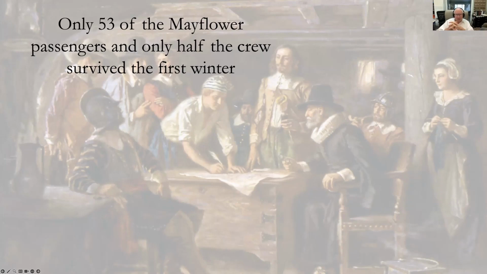Now, why did they go back to England? It's very simple. The Mayflower and the people who were on the boat went to the wrong place. They thought that they were going to Virginia, and they thought they already had a contract to go and get some land in Virginia. They ended up landing in Massachusetts, and the people who owned the land in Massachusetts didn't know they were there, and they didn't have any claim to any land when they landed.